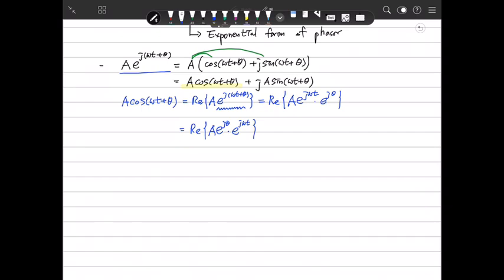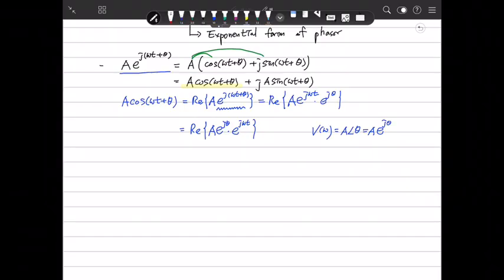If you make some variable here, let the V omega be a phasor, expressed as A angle theta, then that will be the same as A exponential j theta.